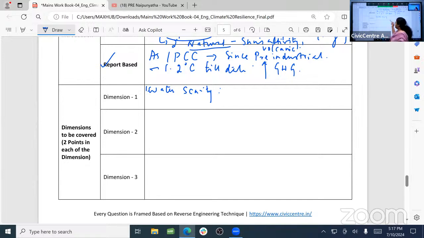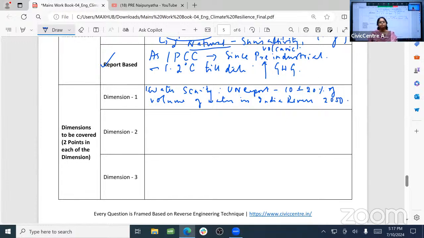Now, as per the UN report, it says that in India, 10 to 20% of the volume of water in Indian rivers is going to decrease by 2050.